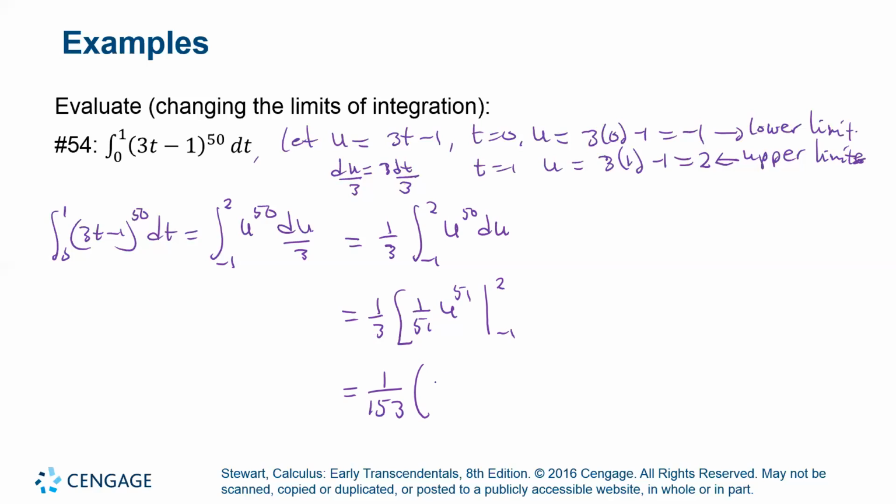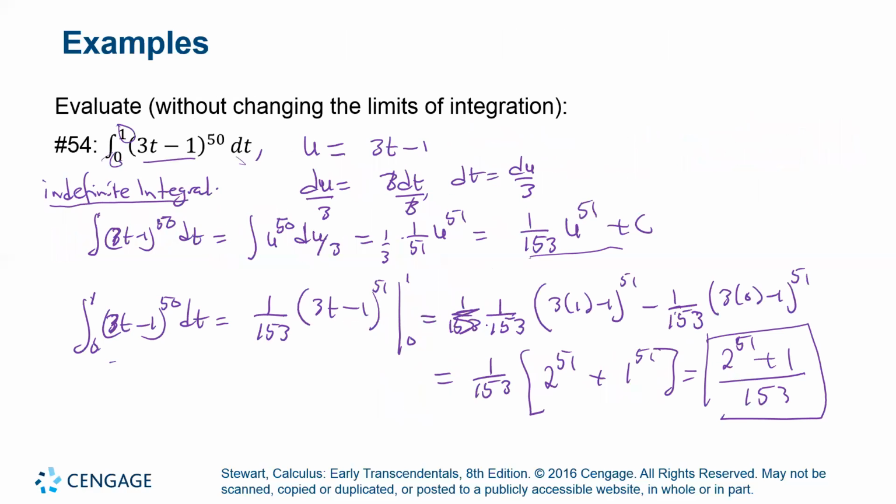Then this will be 2 raised to 51 minus negative 1 raised to 51. That is 1 over 153 times 2 raised to 51, and then that should be plus 1, because 51 is odd and if you raise the negative, it is 1. Now, that is the same as the answer we got right here.